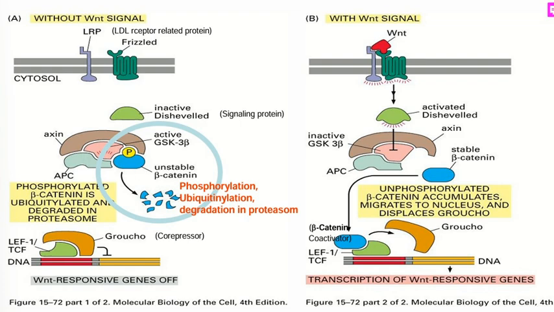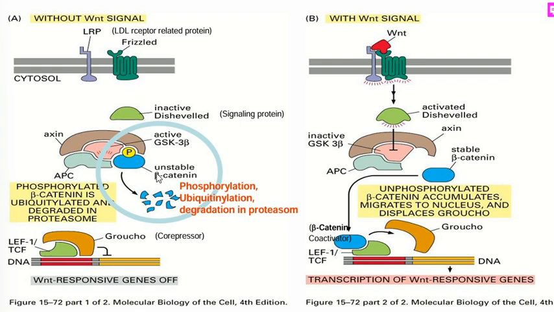So we can say axin is the structural backbone of the destruction complex, and APC, which is a tumor suppressor protein, is the core component of the beta-catenin destruction complex. And GSK3, which phosphorylates beta-catenin, marks the beta-catenin for destruction when the GSK3 is active.